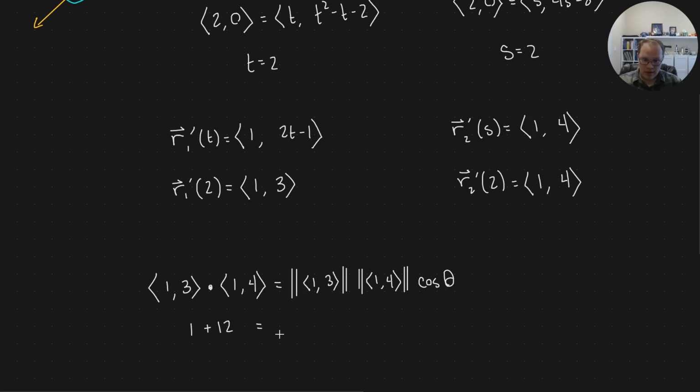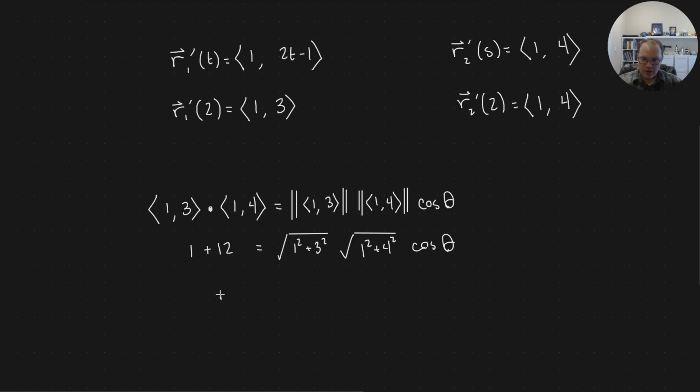And then over here, let's take those norms. I have 1 squared plus 3 squared for my first norm. I have 1 squared plus 4 squared for my second norm. Cosine theta. So I get 13 equals square root of 10 times the square root of 17.